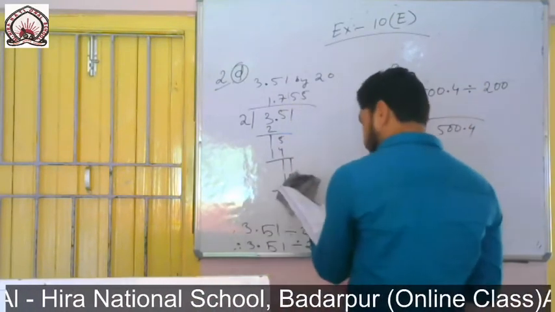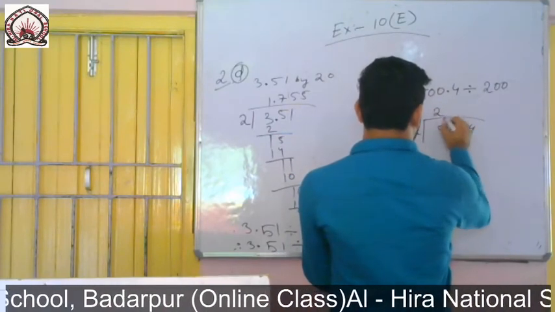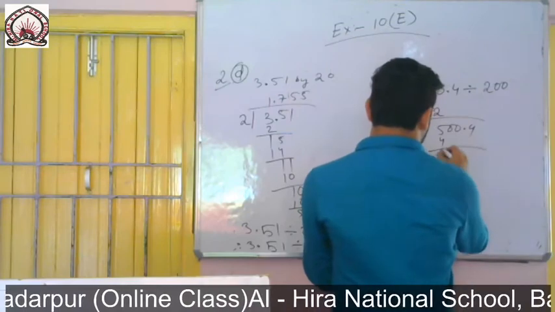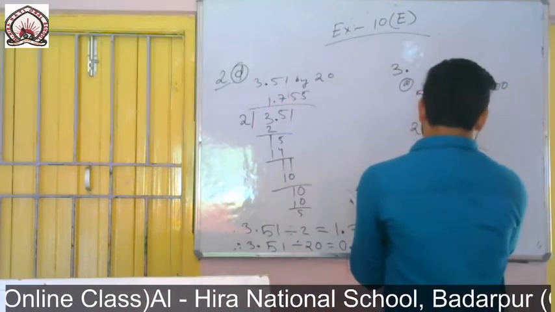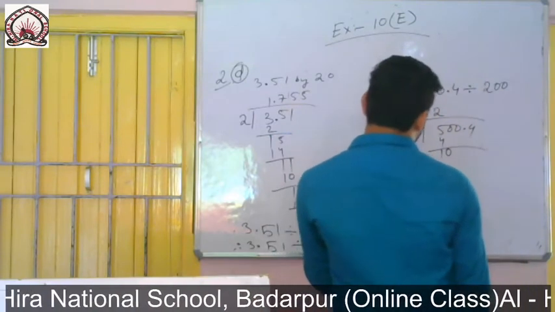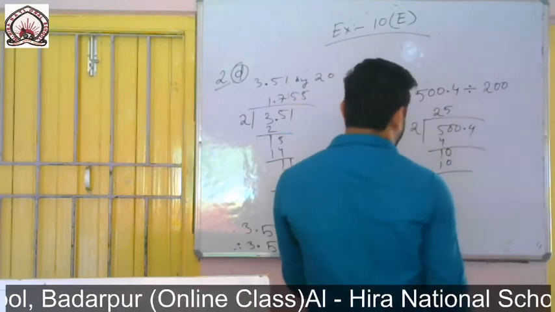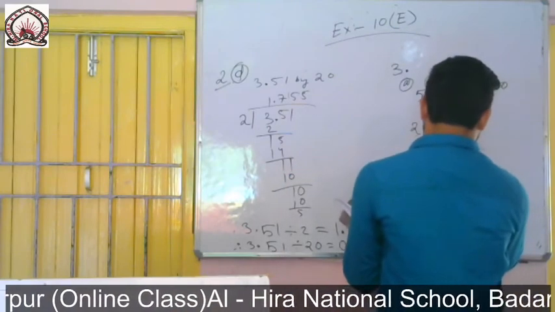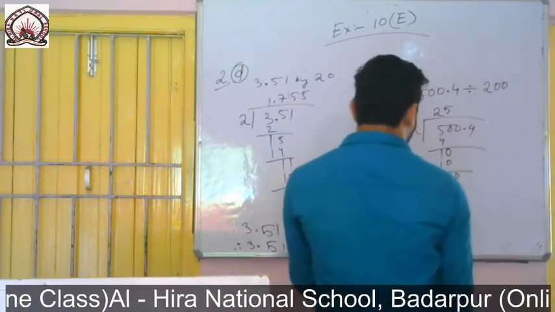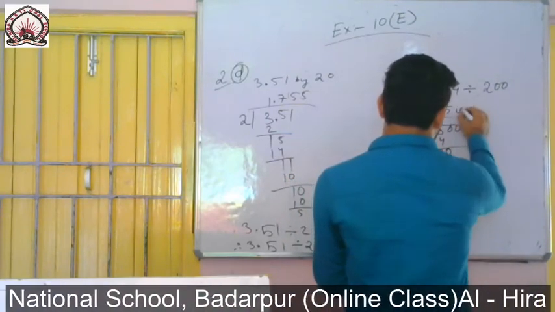Here you will get what? 2 2s are 4, not divisible. Then 10, 5 2s are 10. After that 0. Then it is not divisible, we'll put 0.